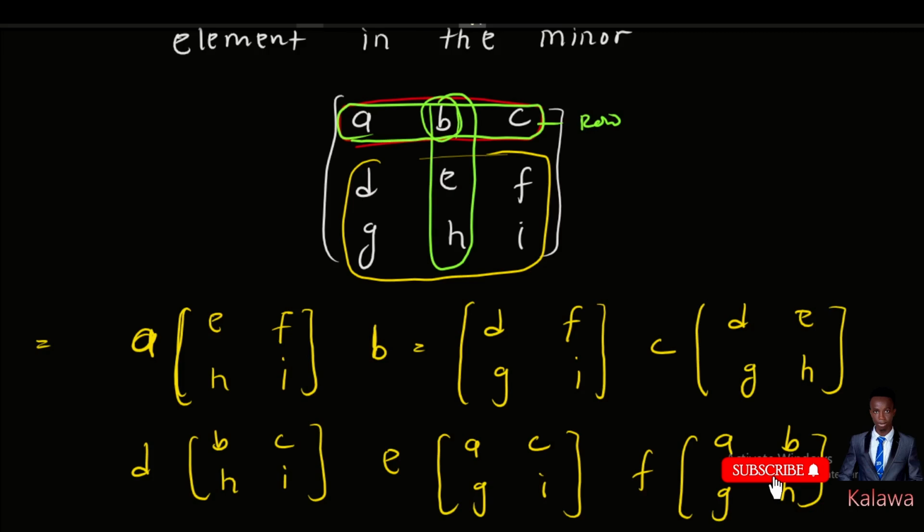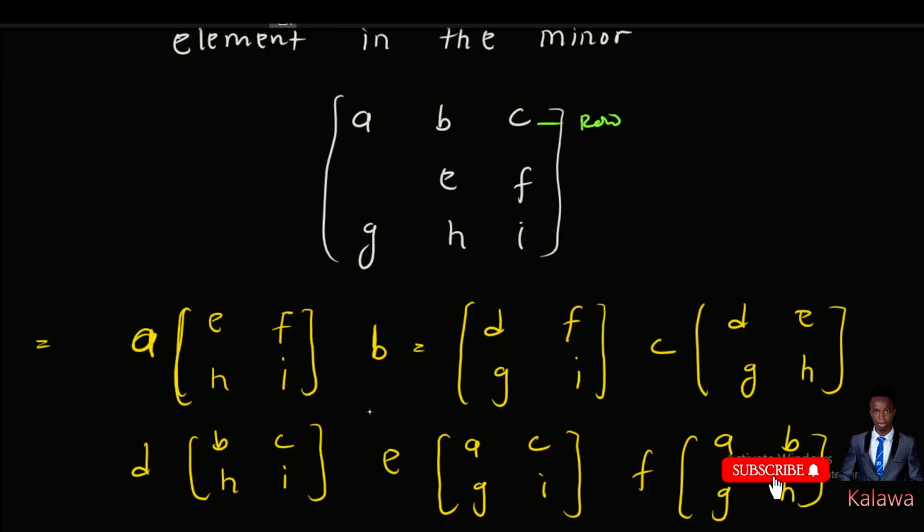And again, if we move on now to C, let's find out in which row C is connected and which column.